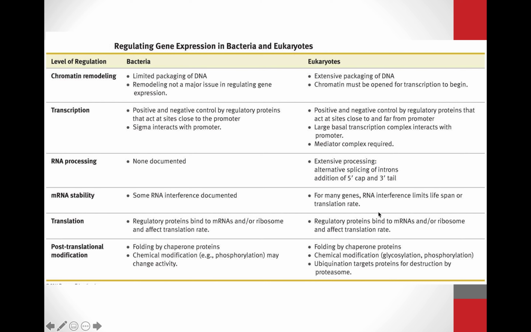In eukaryote, regulatory proteins bind to the mRNA and ribosome and also affect the translation rate, a more or less similar mechanism. For PTM or post-translational modification, they have a similar outlook, with the exception of an additional step in eukaryote, whereby ubiquitination targets proteins for destruction by proteases, which is not happening in bacteria. So there you have it, a general overview of gene expression in eukaryote.